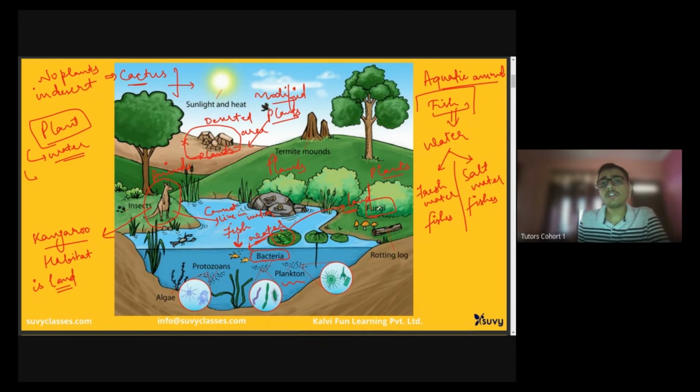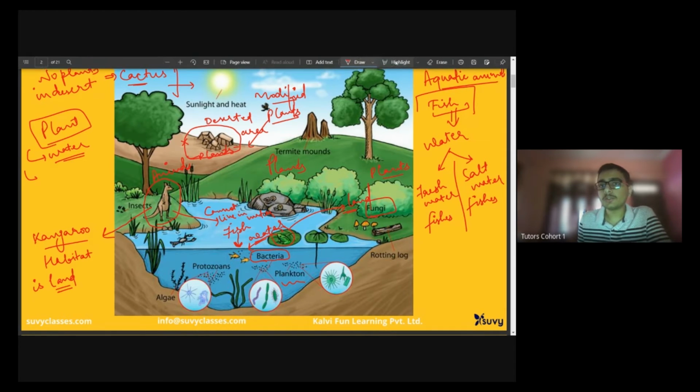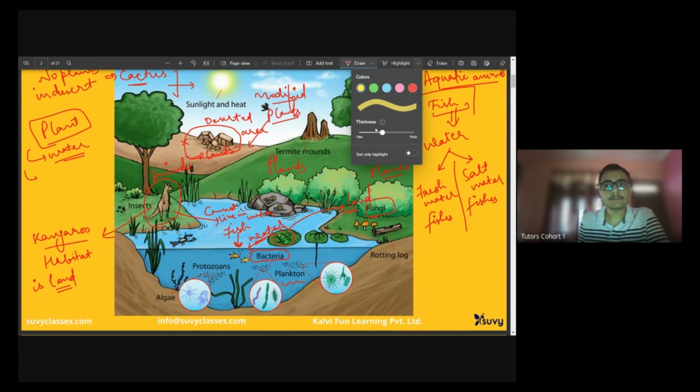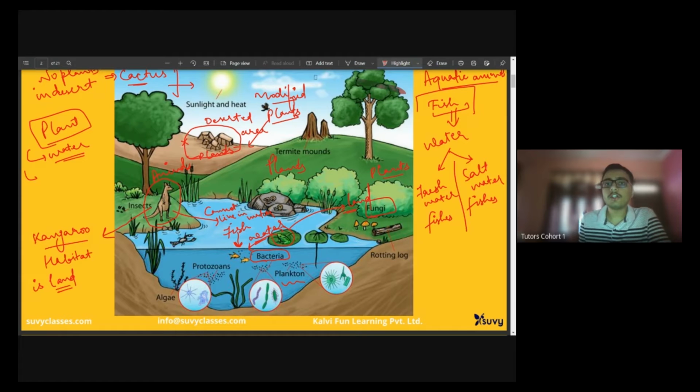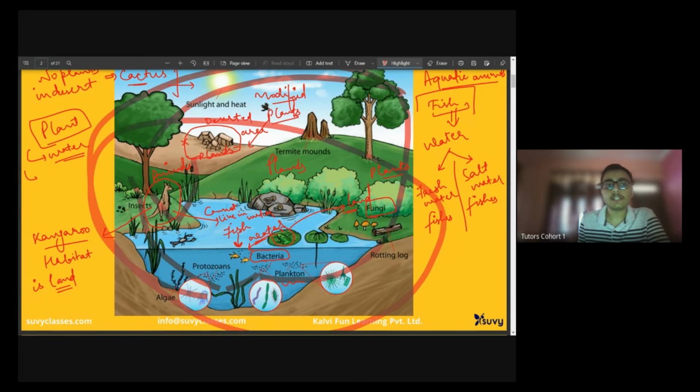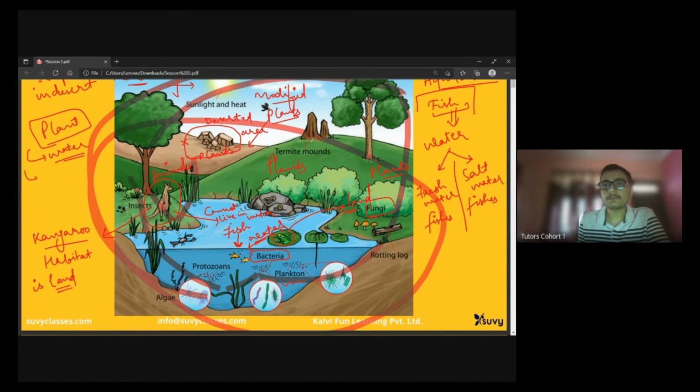And all these things constitute a single term, which we call an ecosystem. This entire system is termed as ecosystem.